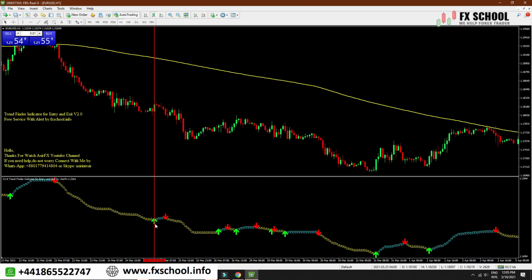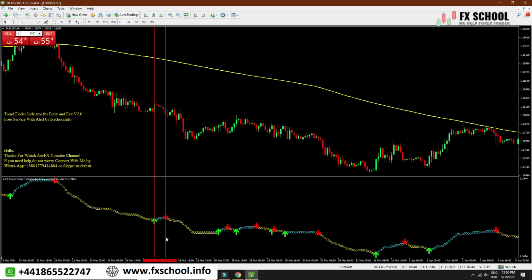Okay, so there we cannot trade because both are giving us different signals. But after a while you can see the trend finder indicator giving us the sell signal, and also the moving average 200 line gives us the same signal, sell. So at that time we can trade.